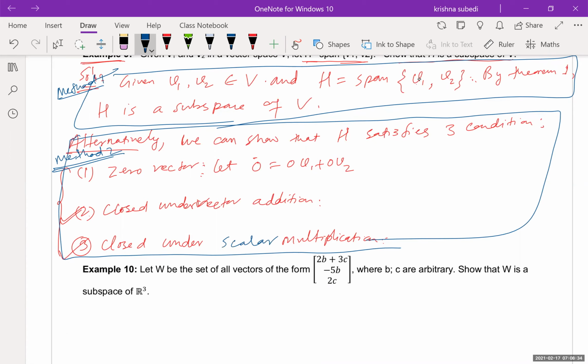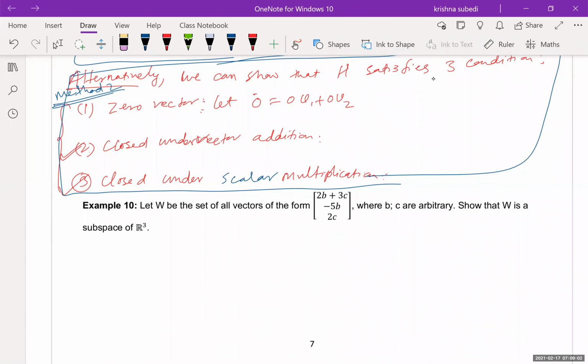Example 10. Let W be the set of all vectors of the form where B and C are arbitrary, so that W is a subspace of R3.